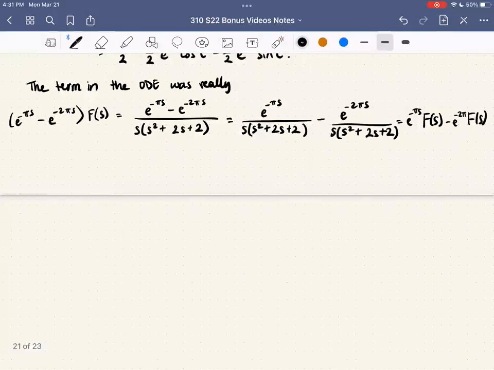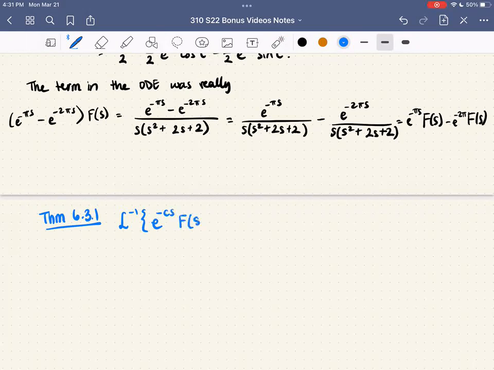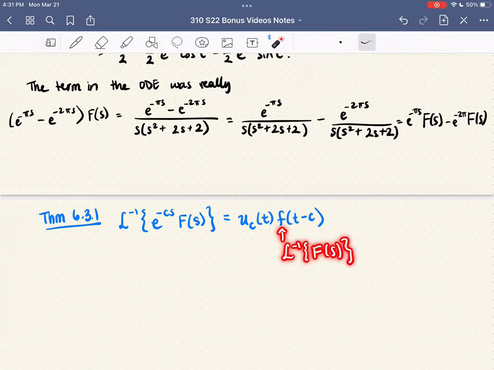So some sort of Heaviside function is going to be involved. If you look at theorem, I believe it's 6.3.1 in your textbook, you have that the inverse Laplace transform of e to the minus cs times F of s is the Heaviside function u sub c of t times little f of t minus c, where little f is the inverse Laplace transform of capital F. Okay.